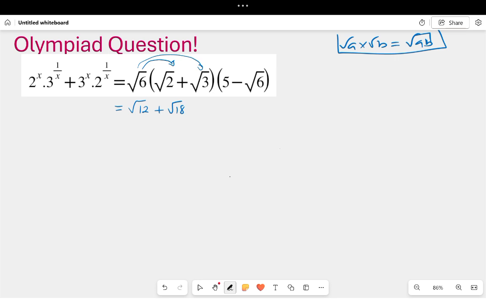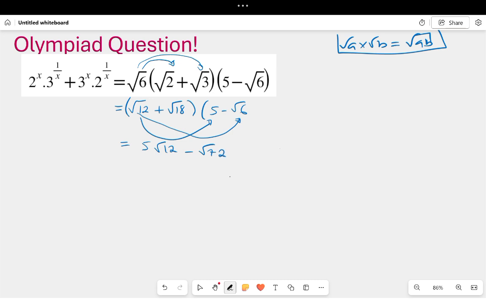Alright, now from there we are going to multiply by what we have on the other side. The next bracket is 5 minus the square root of 6. The square root of 12 multiplied by 5 gives 5 root 12. Then the square root of 12 multiplied by the square root of 6 is minus the square root of 72.